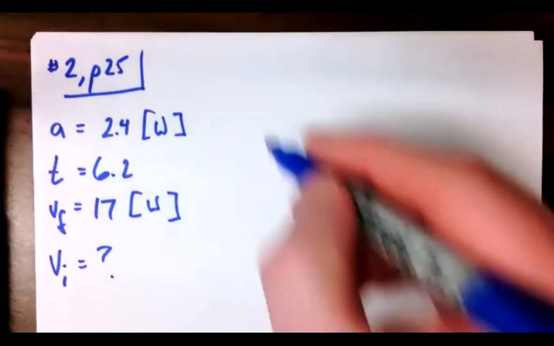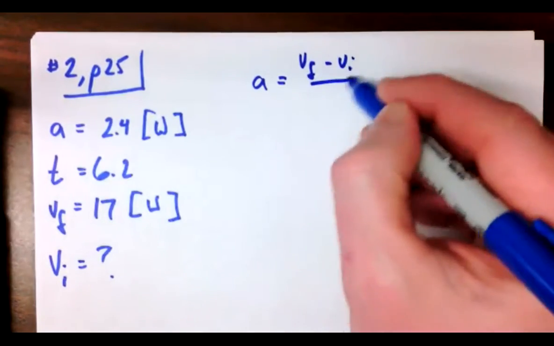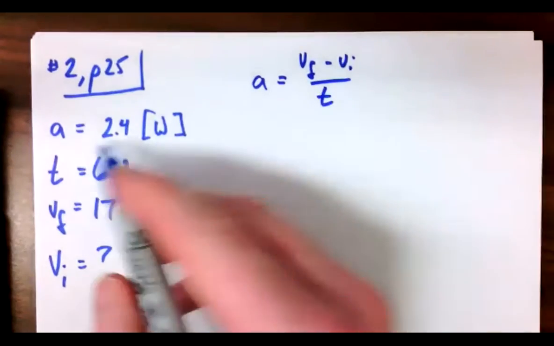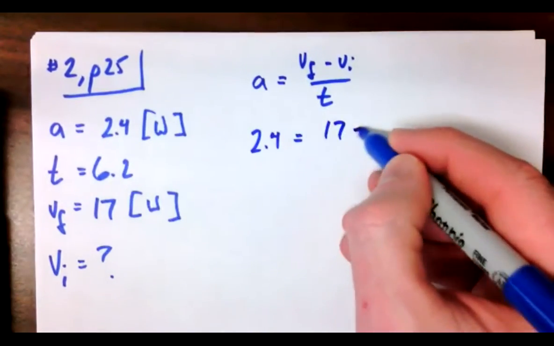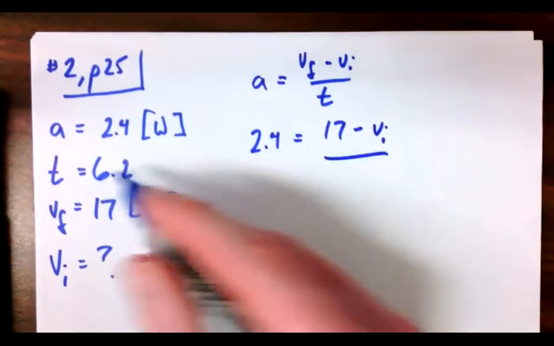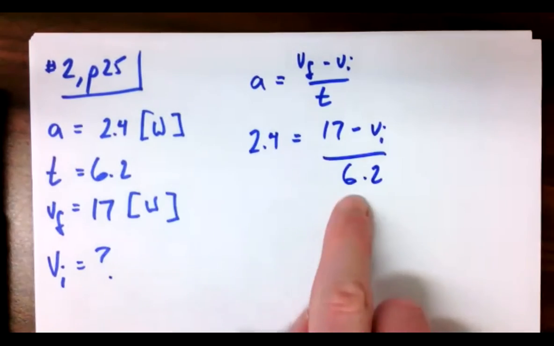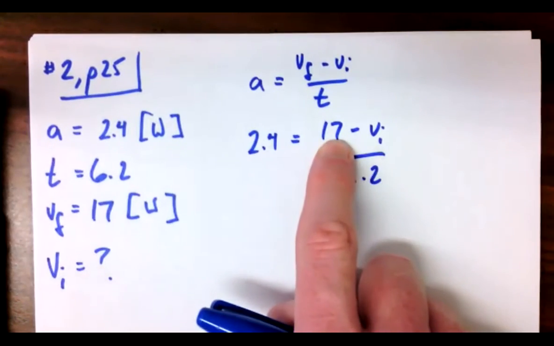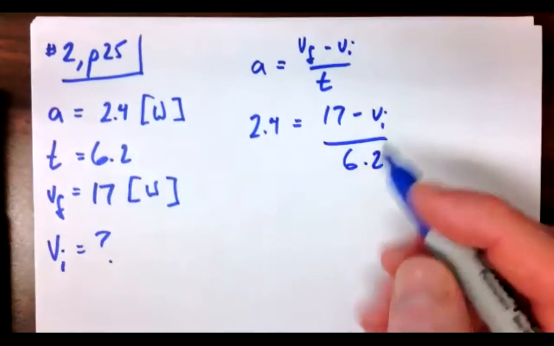All right, so acceleration is VF minus VI over T. Let's put in the numbers we know. A is 2.4. VF is 17 minus VI, that's what we're solving for, all over time, 6.2. Multiply both sides by 6.2. Then I'm going to subtract 17 from both sides, and that's going to leave me with negative VI. Instead of skipping steps, I'll show you.